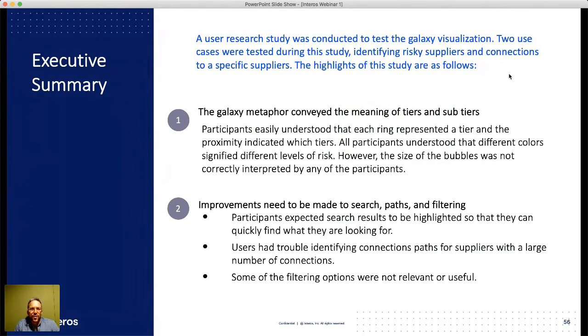They were getting the whole thing straight away without much explanation, which is always a good sign. They understood what circles were representing, the whole idea of rings. But there were a few challenges when it came to search, understanding paths and filtering. Filtering was something that we had to work on a lot more. So that's the benefit of doing user research very early on: you get a lot of ideas to iterate and improve things.